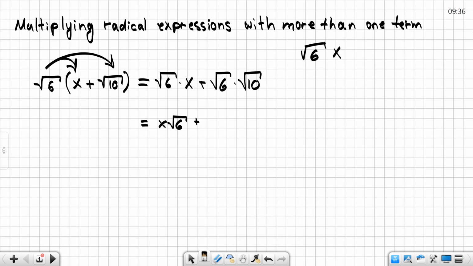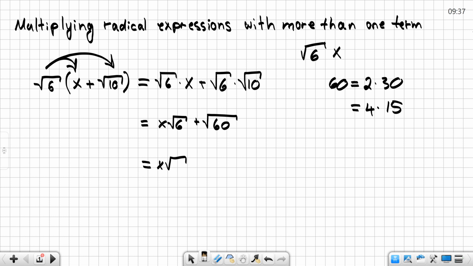Now, the second one, the square root of 6 times the square root of 10, that I can work with. That will be the square root of 6 times 10, which is 60. Now I look at the number 60 and see whether there is a perfect square in it, and I see one already. 60 is the same thing as 4 times 15.